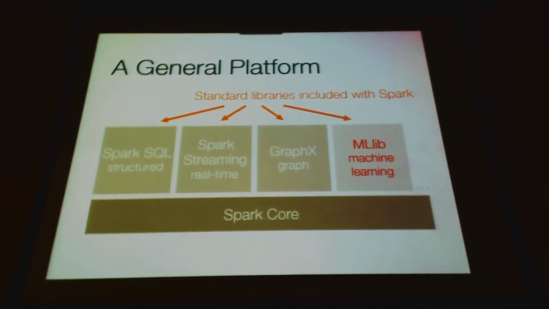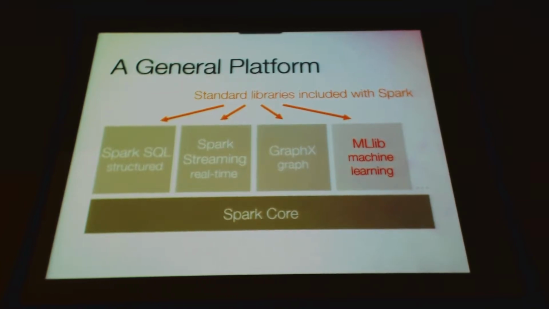GraphX will let you take a very large graph and perform operations on it, like PageRank and components, etc. And last but not least is ML, which is actually the most active of the 4 projects. And that's, of course, the machine learning library. So we're going to deep dive into that.